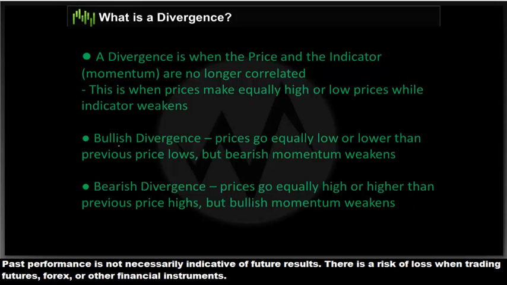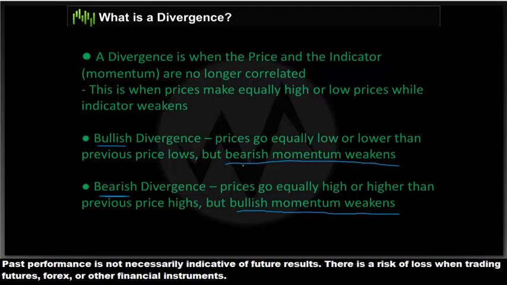More specifically, for a bullish divergence, prices go equally low or lower than previous price lows, but the bearish momentum weakens. That's why it's bullish. For a bearish divergence, we see prices going equally high or higher than previous highs, but the bullish momentum weakens.